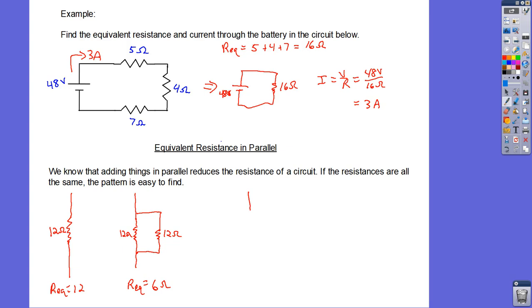And let's say we add another. So I'm going to open up a third lane. So again, 12 ohms, 12 ohms, and 12 ohms. Now, if we compare it to the 1, it's 3 times easier. We can get 3 times as many people through. And so for the equivalent resistance, I would take 12 divided by 3, so Req would equal 4 ohms.